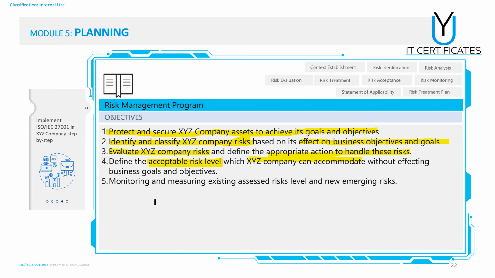Also, we have to do monitoring and measuring for the assessed risks and any new emerging risks. And these are the objectives for the XYZ company. You have to write them down, take care. Whatever information we cover in this module in planning must be documented.